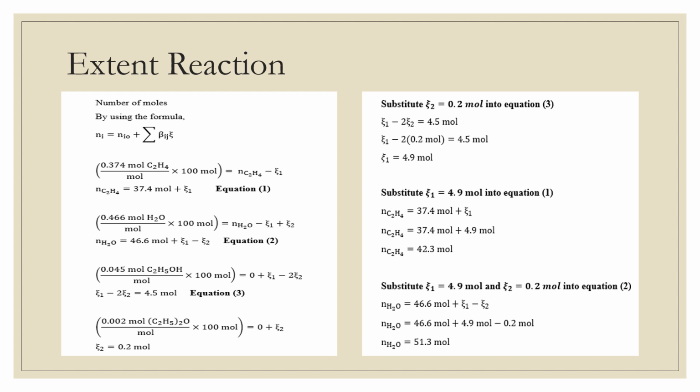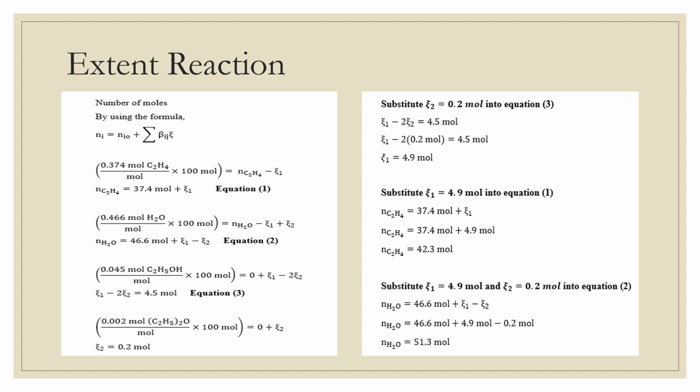Plus Z2, because it is a product and it happens in the second chemical reaction. So we get Z2 equals 0.2 mole. Next, we substitute Z2 equals 0.2 mole into equation 3 just now, and we get Z1 equals 4.9 mole.